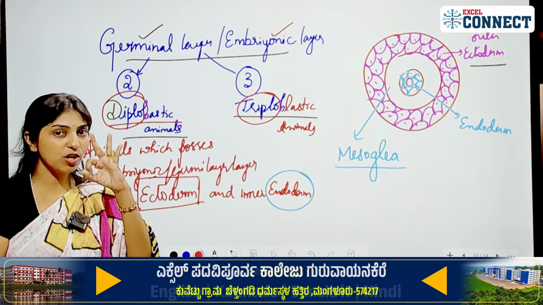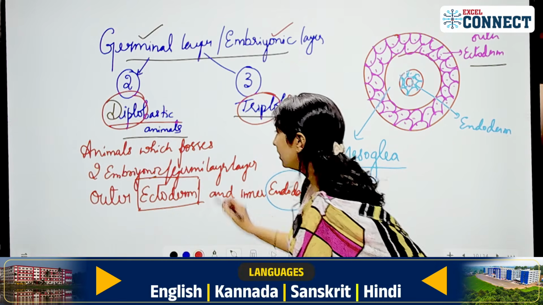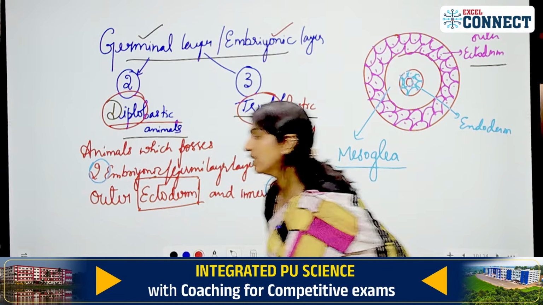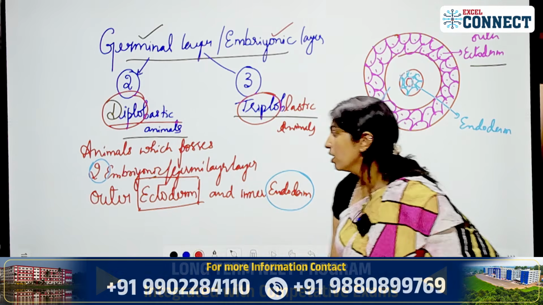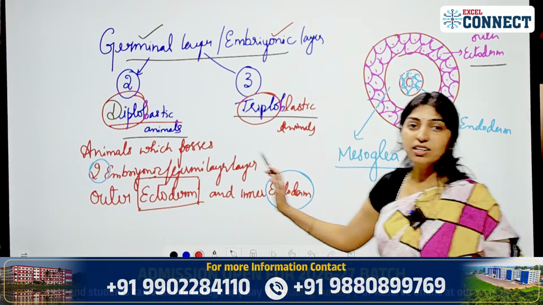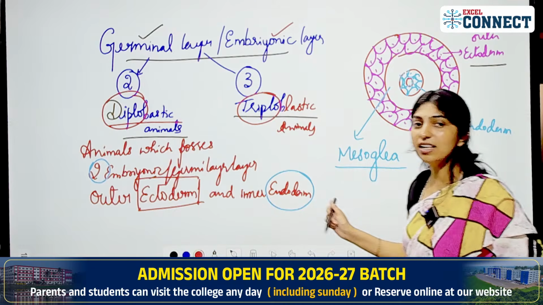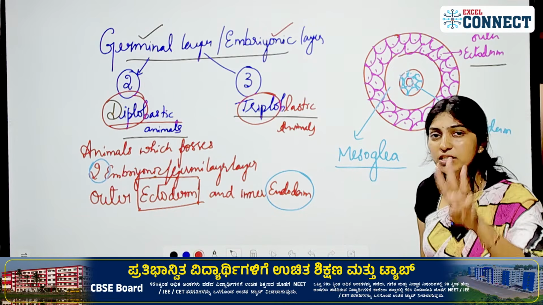There are 3 points to remember here. One, how many embryonic or germinal layers does it have? 2 embryonic or germinal layers. The second point is, which are those 2 layers? Outer ectoderm and inner endoderm. What is the third point?